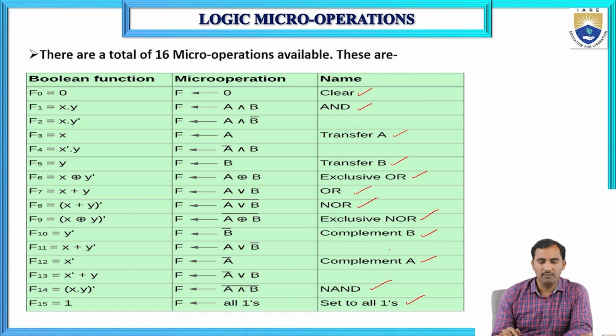So these are all the 16 logical micro operations. The AND operation is represented with the symbol ∧, OR is represented with ∨, and exclusive OR is represented with a plus inside a circle.